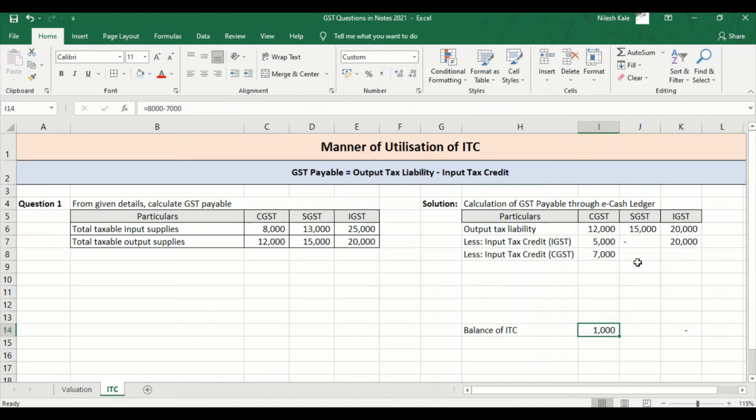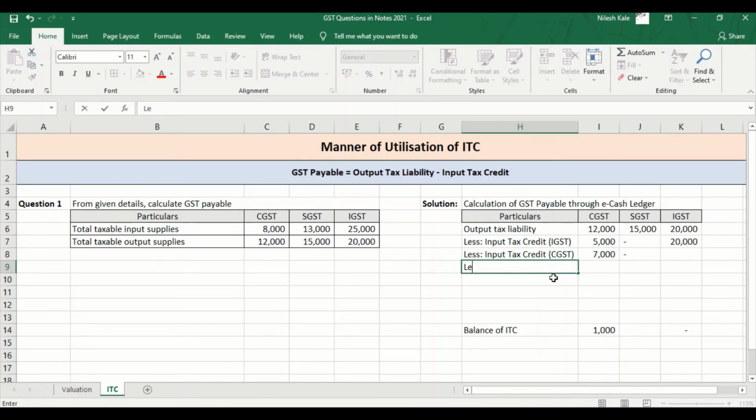I cannot use it against payment of SGST. No, this is not allowed. But IGST I can pay. But if you look at this, there is no liability available here. So you cannot pay anything. Let us go to the SGST.